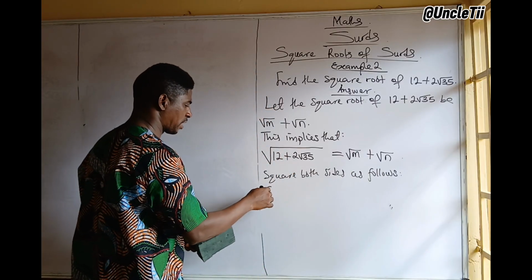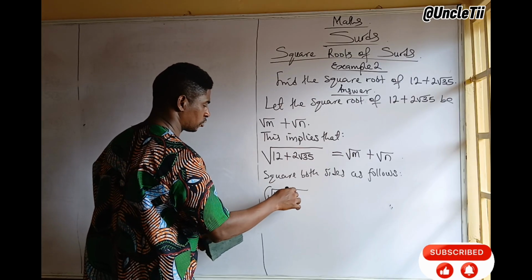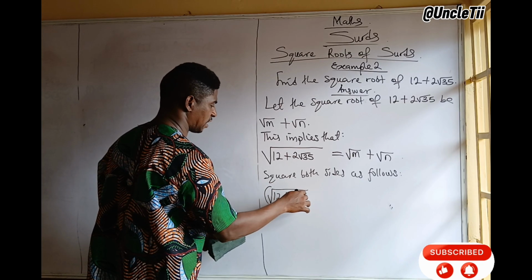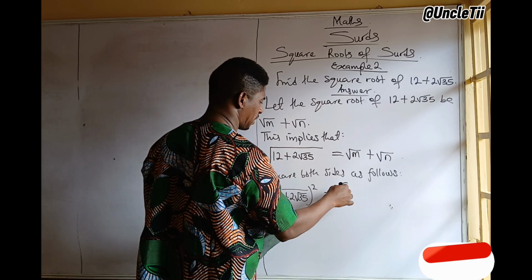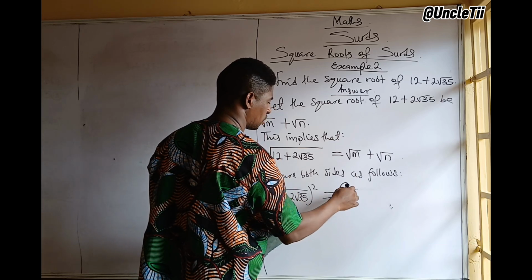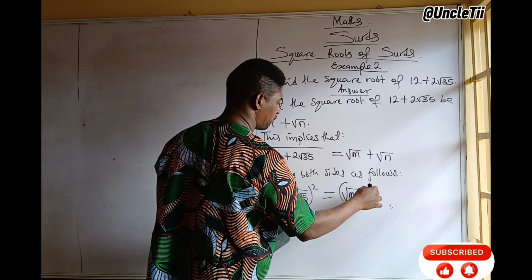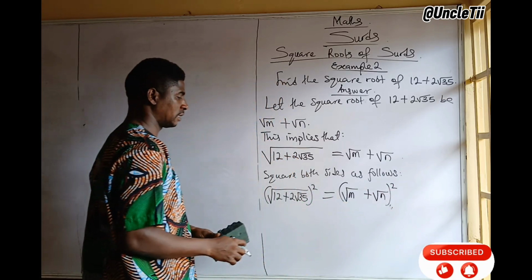This will give us the square of the square root of 12 plus 2 root 35 equal to the square of the square root of m plus the square root of n.